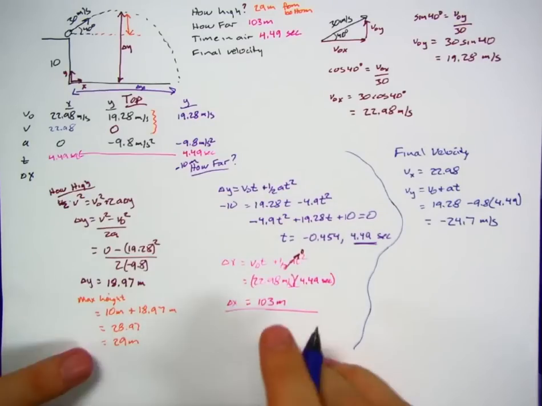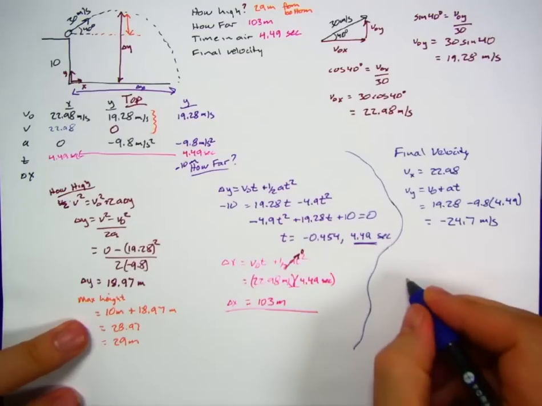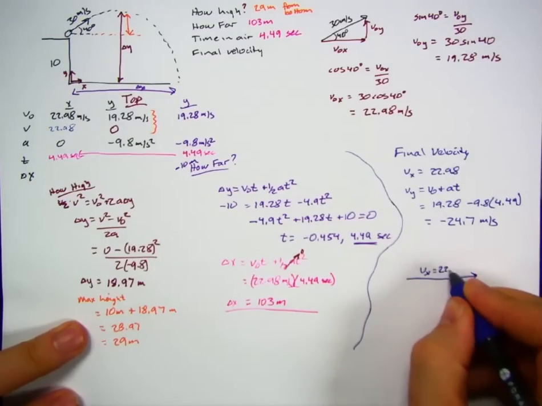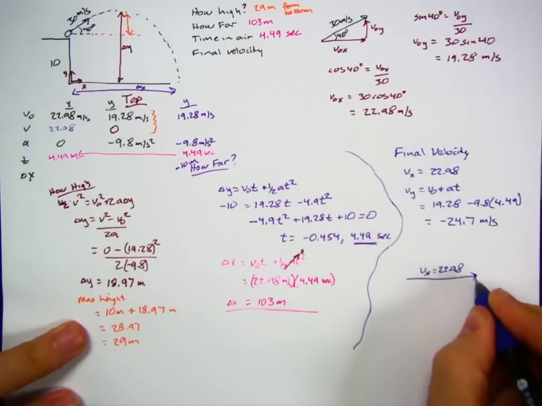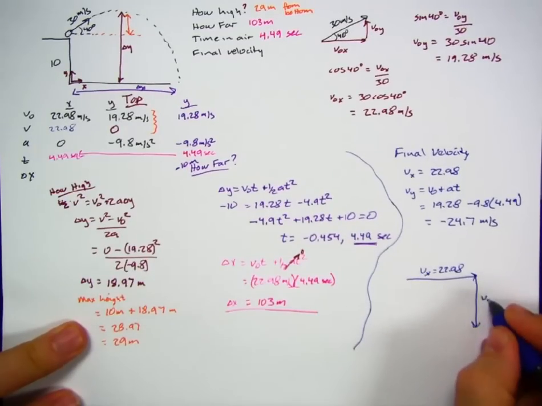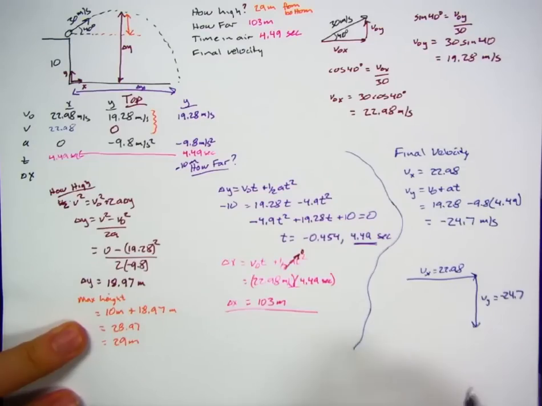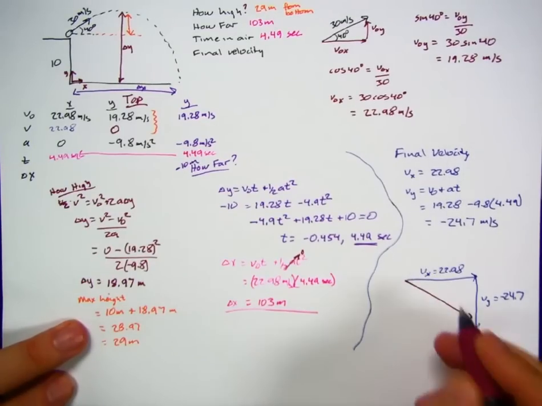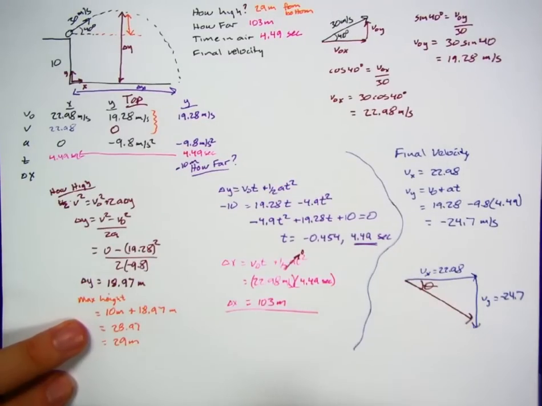And again, we have to put that back into component form. So we have Vx is equal to 22.98, Vy is equal to negative 24.7. So I'm going to end up with a hypotenuse in this direction and an angle in this direction.